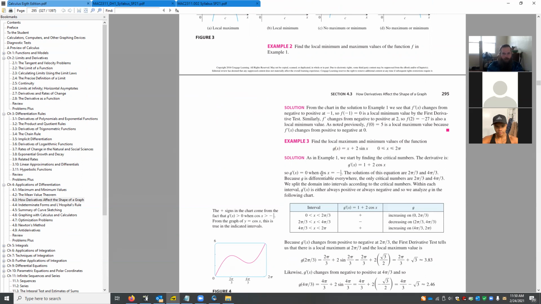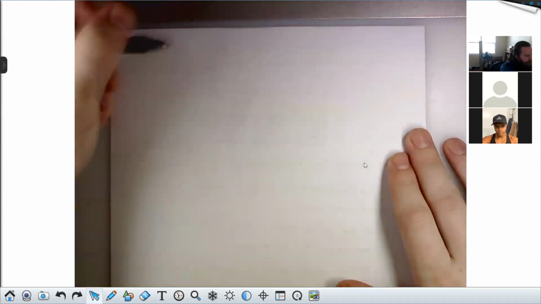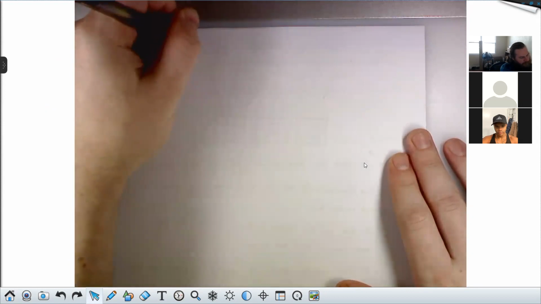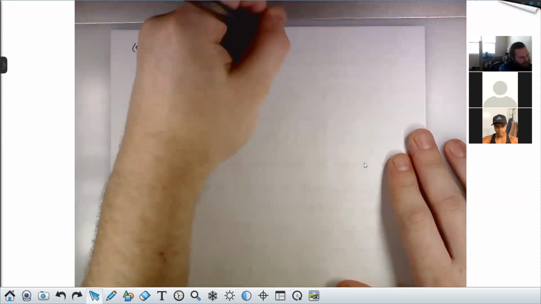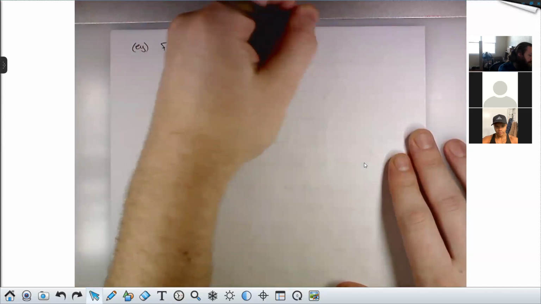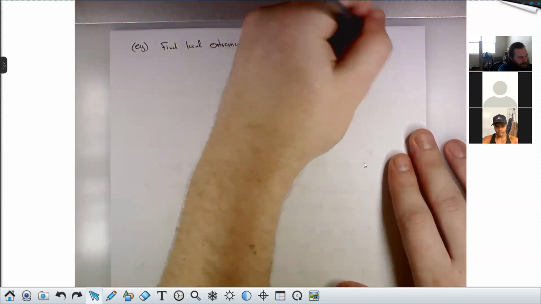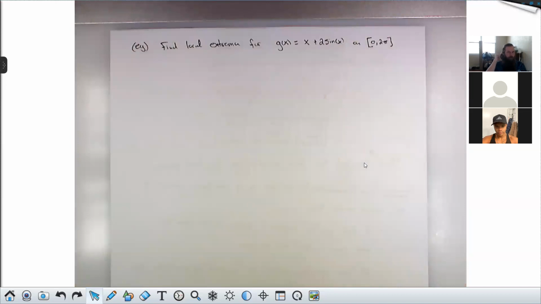Let's do example 3. Let's find the local mins and maxes for that function, x plus 2 sine x. They asked us to just pay attention to the interval 0 to 2 pi.